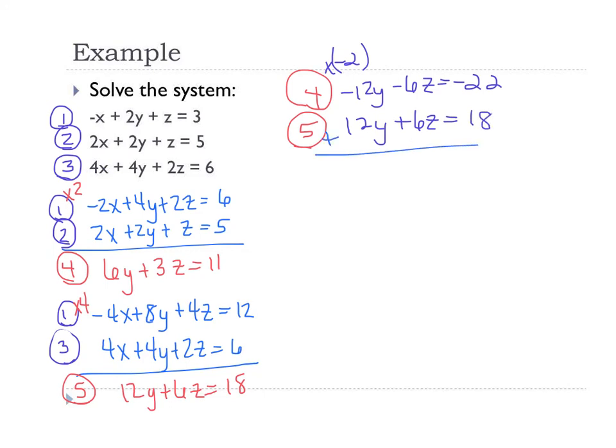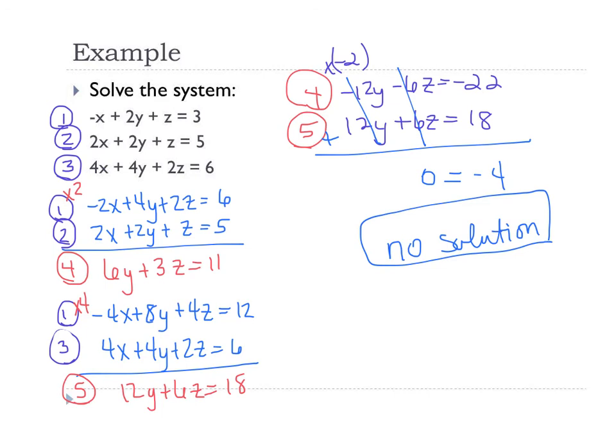Add these together. Y's cancel, z's cancel. You get 0 equals negative 4. Does 0 equal negative 4? No solution. As soon as you get a contradiction someplace, your contradiction is your false statement, your answer is no solution.